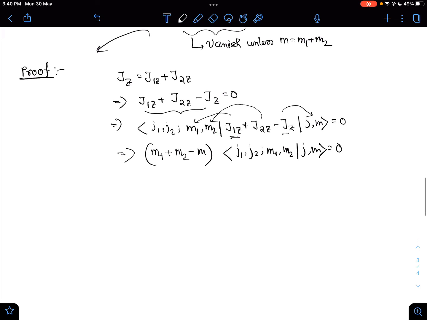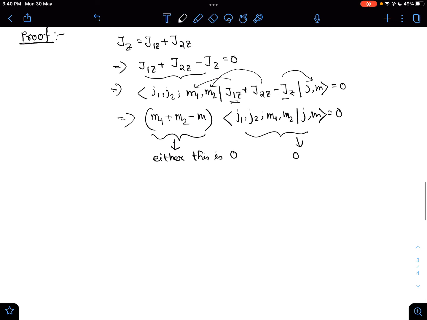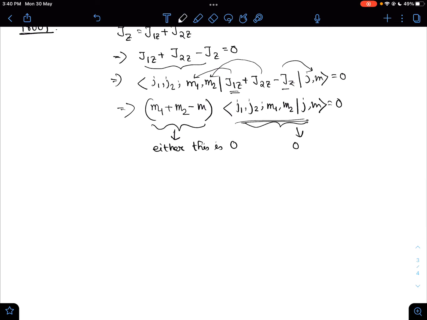That means we have two possibilities. Either this is 0 or this is 0. When this is not 0, the other will only exist when this is 0.